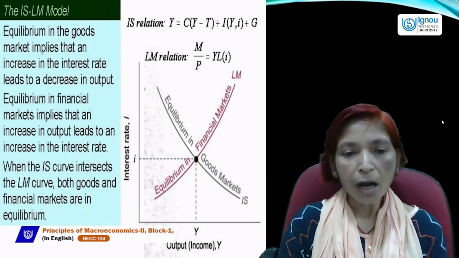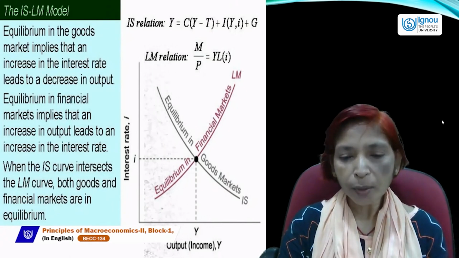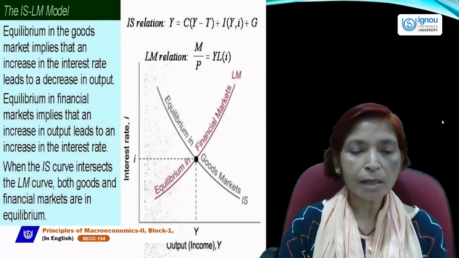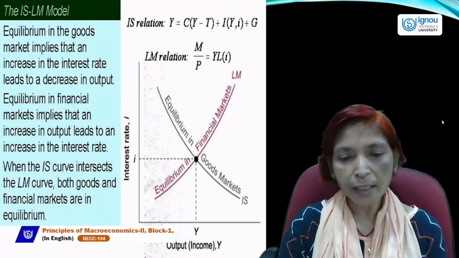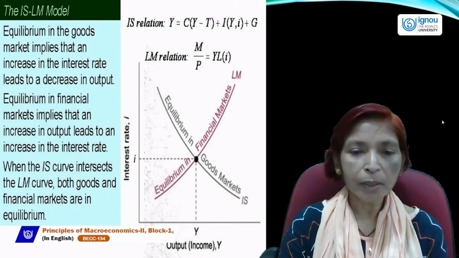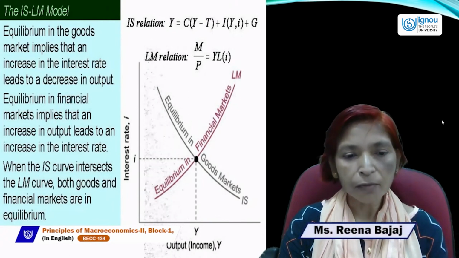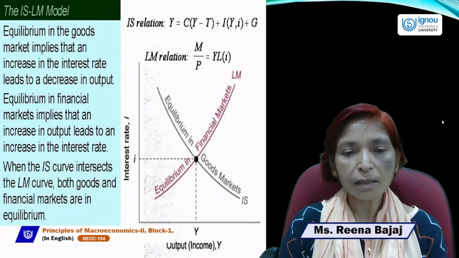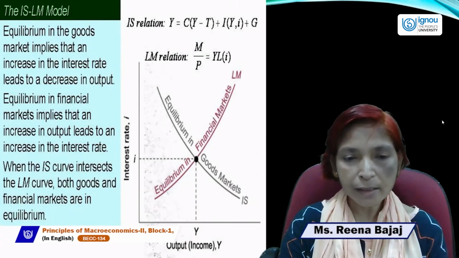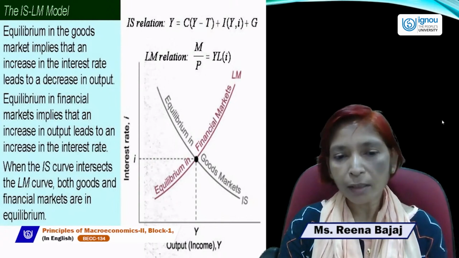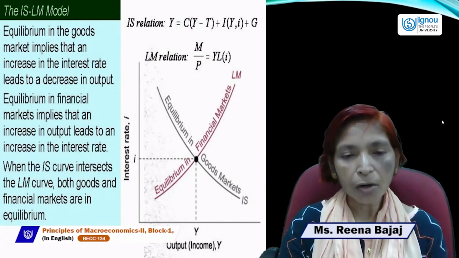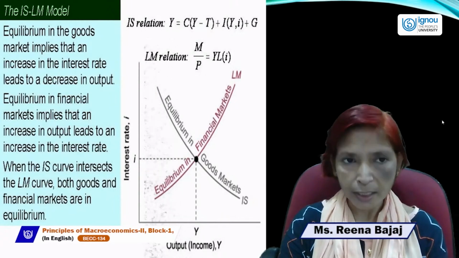So IS is always a downward sloping curve and LM is always an upward sloping curve. IS shows equilibrium in the goods market, LM shows equilibrium in the financial market, and where both curves intersect each other, according to John Hicks and John Maynard Keynes, the equilibrium rate of interest and the equilibrium level of income will be determined at that equilibrium point.